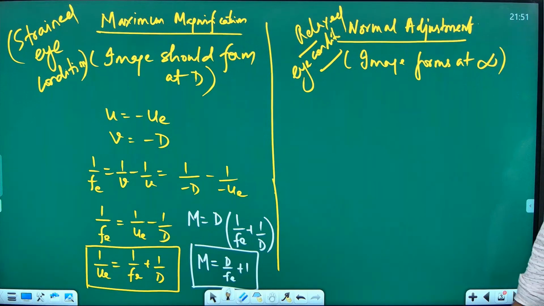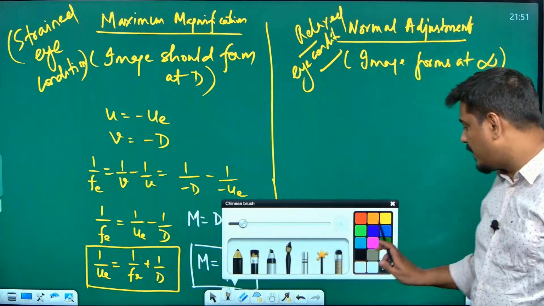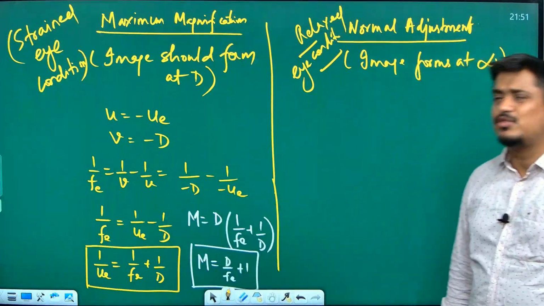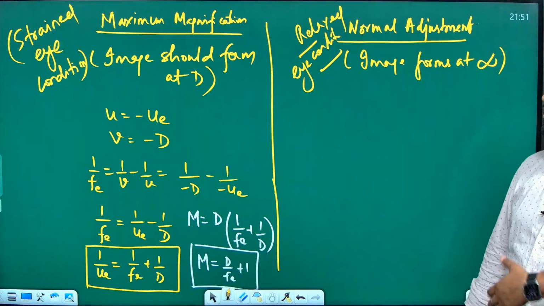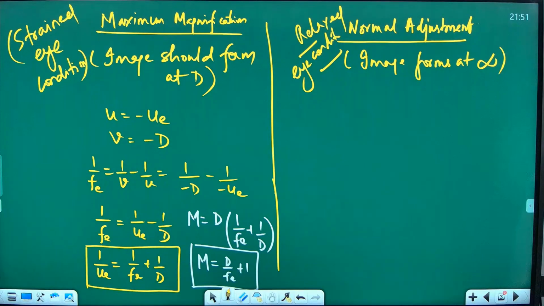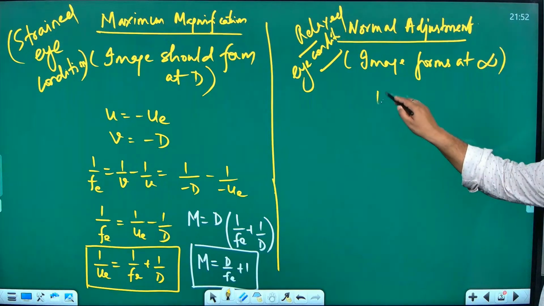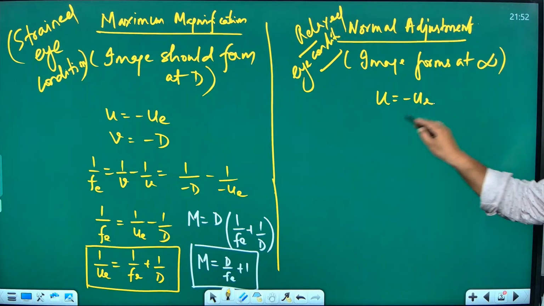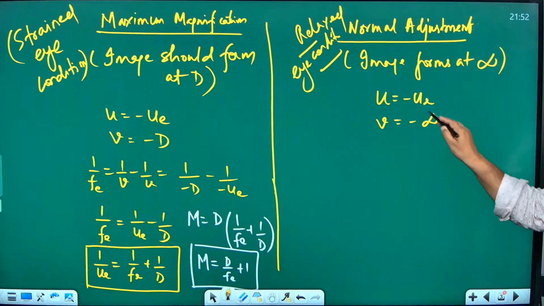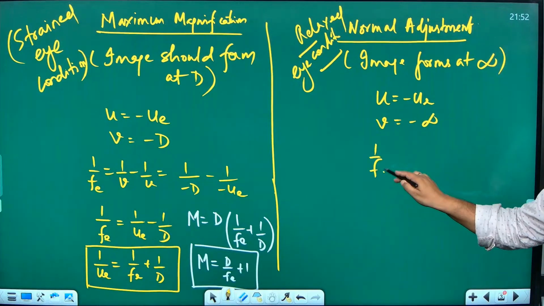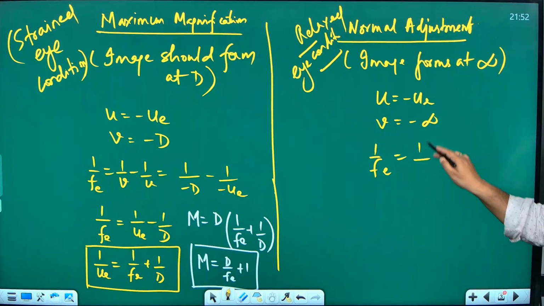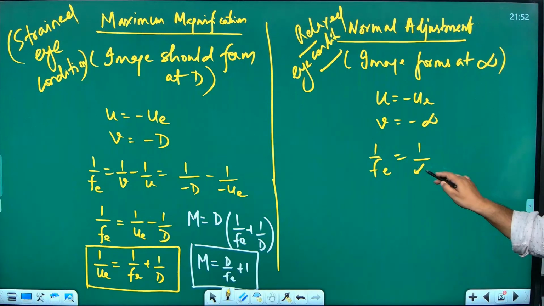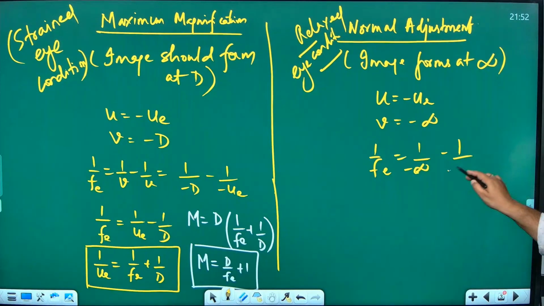In the same way, if we talk about normal adjustment, also called minimum magnification or relaxed eye condition, here what will happen? u will be minus ue, but v will be minus infinity. So 1 by fe will become equal to 1 by v, v is infinity, minus 1 by minus ue.